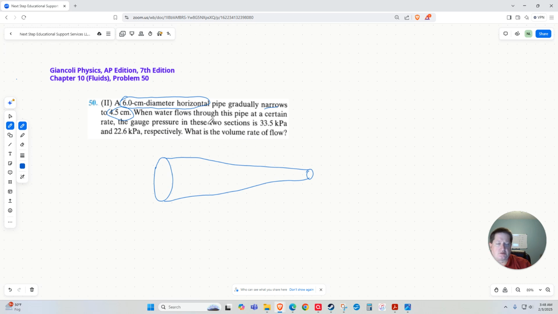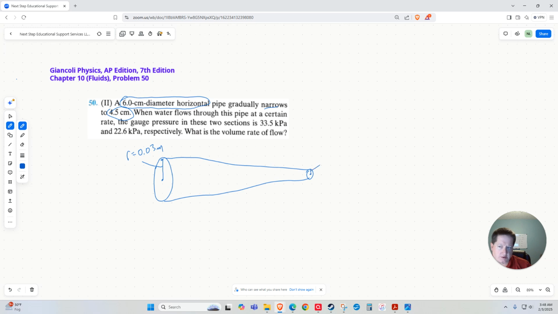Now, because I strongly suspect we'll be dealing with the area of the pipe here, before I get too deep into this and forget the quantity that I'm dealing with, I'm going to go ahead and split that into the radius now. So that's going to be a radius of 3 centimeters, which I'm also going to convert as we go to 0.03 meters, just to try to avoid some oversights later.